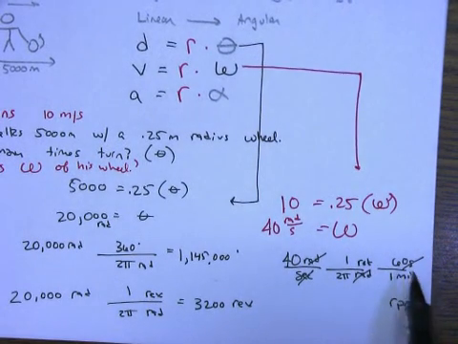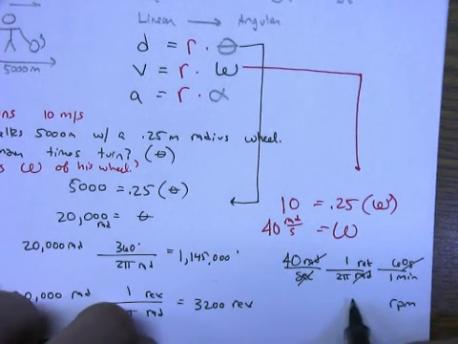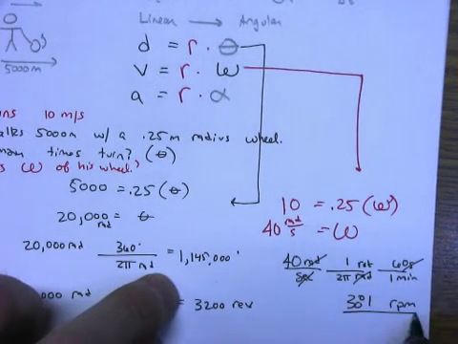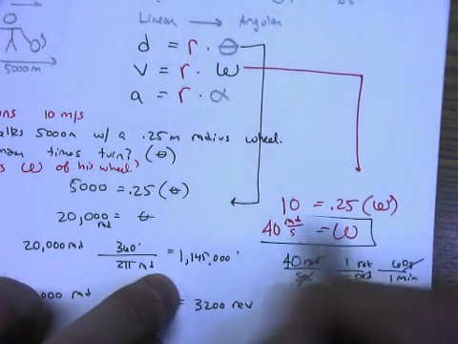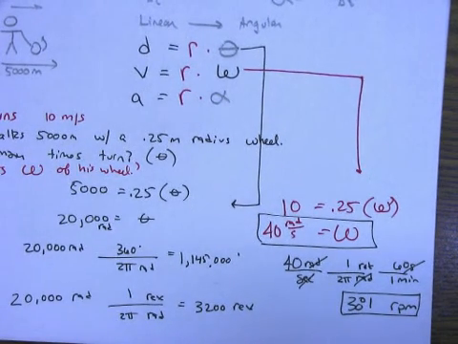So 40 times 60 divided by 2 pi, and I get 381 RPM. So these are ways to take angular measures and convert them into linear measures, or vice versa, linear into angular.